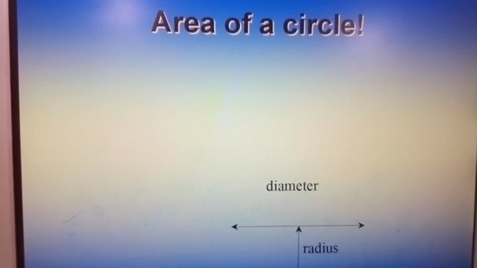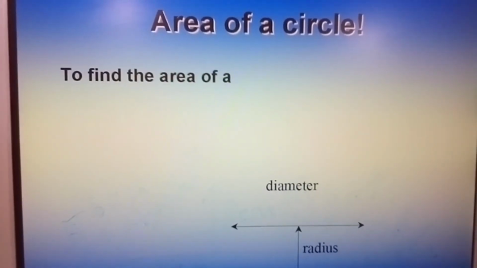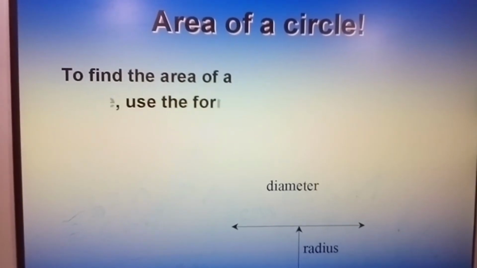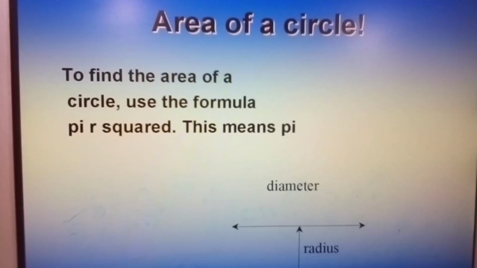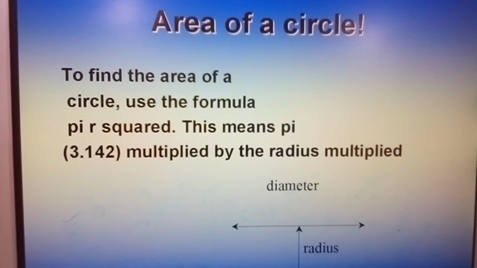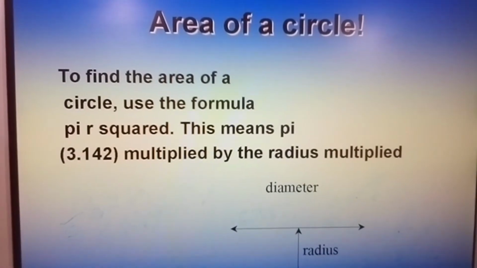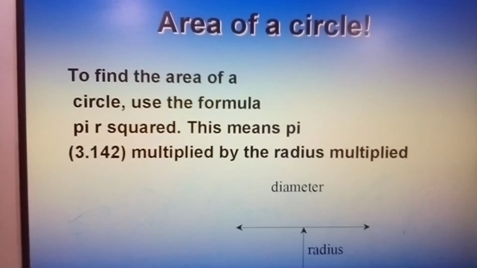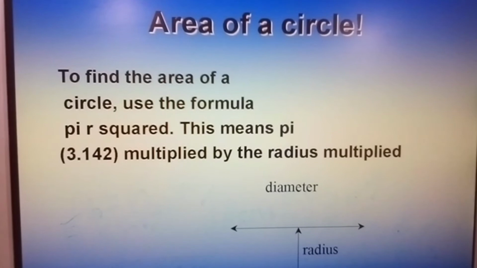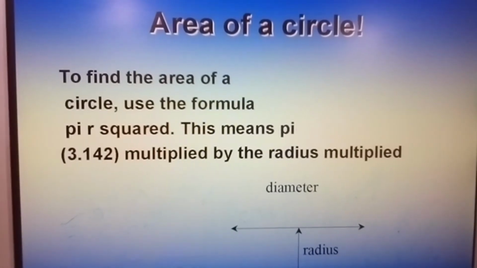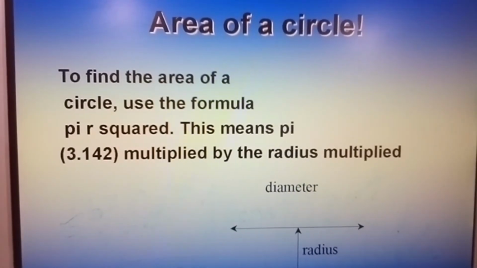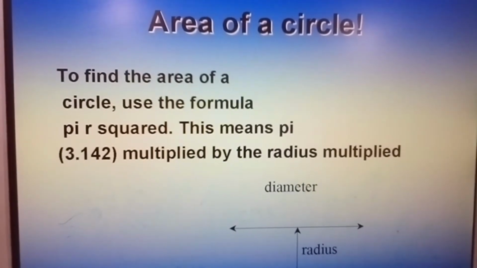Area of a circle. Okay. To find area of a circle, use the formula pi r squared. Okay. This means pi 3.142, and we take pi as 3.142 because in engineering that's the figure we use, and that is universal. Okay, don't use the whole combination of digits in regards to pi on your calculator.